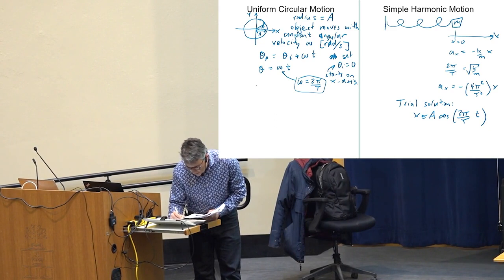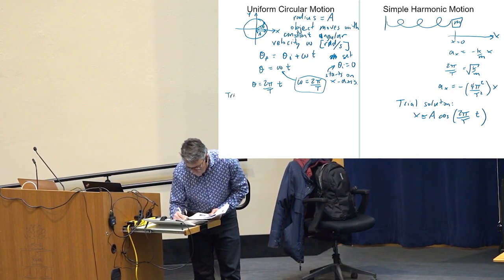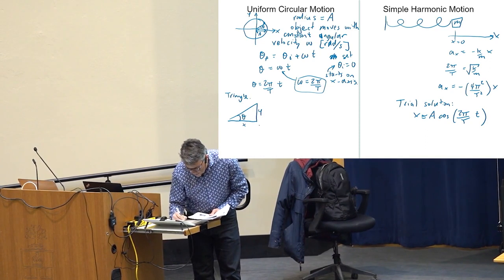So theta is equal to 2 pi over T times t. And then there's a triangle. I told you triangles were going to come into this at some point. Here's theta, here's y, here's x, and here's a right angle. And here is the radius, which is A. From here to here, that's the hypotenuse.